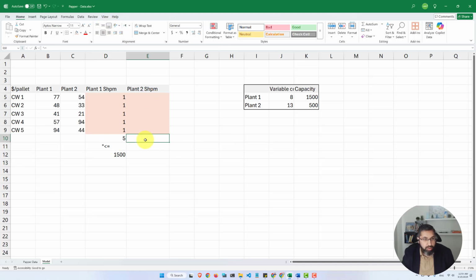And then plant 2 shipments, again we can sum them up. Decision variables means that the solver will decide the values of these orange cells. You can type in anything you want, but it's going to overwrite them. And that has to be less than or equal to 500.